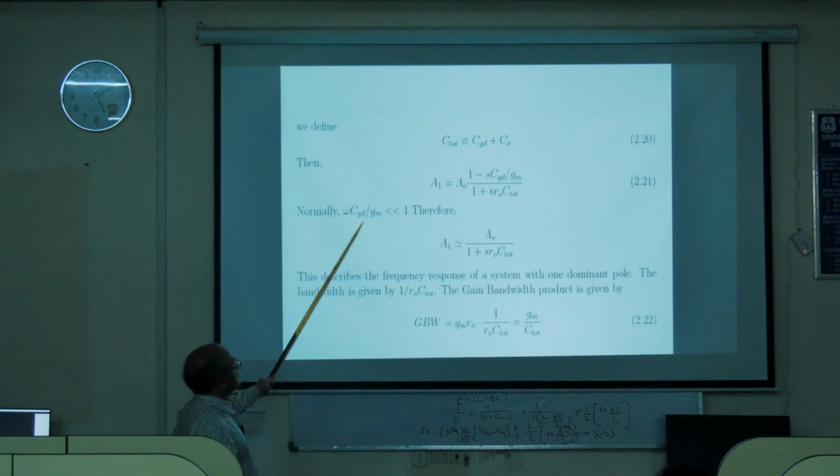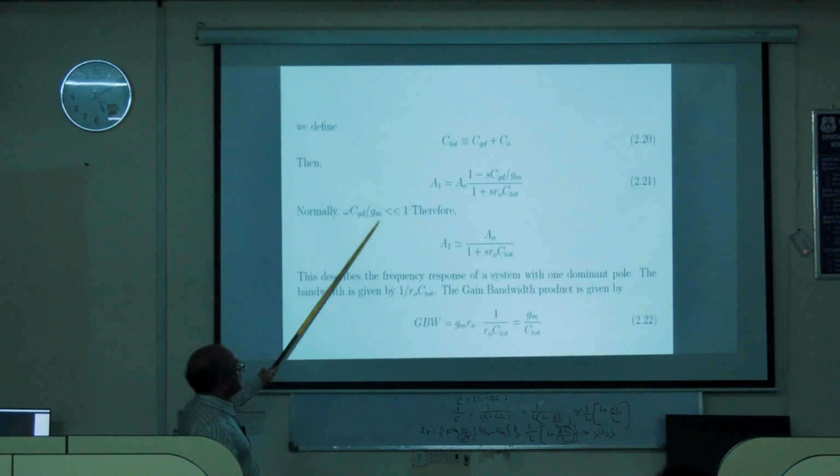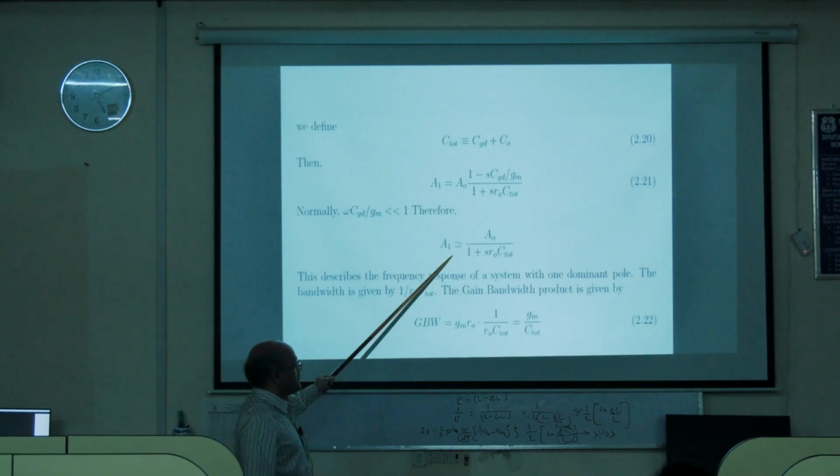GM is pretty large generally, and CGD is of the order of femtofarads. So already of the order of femtofarads and divided by large GM, that value will definitely be far less than 1. So I can ignore that term for those frequencies, and then this is approximately equal to this here.